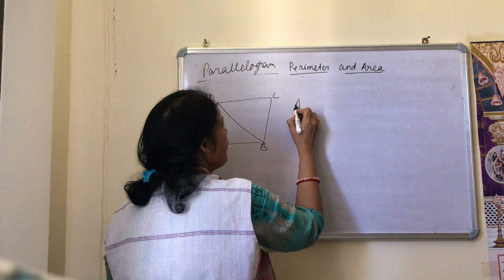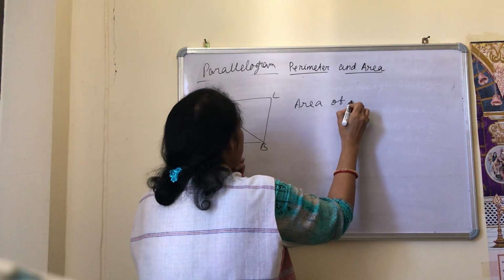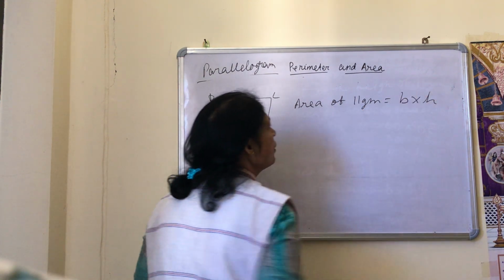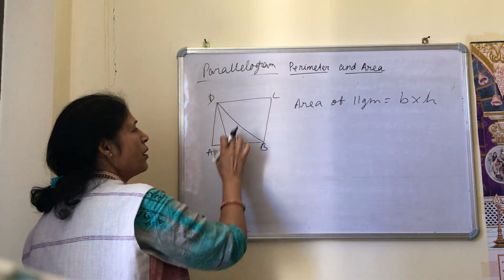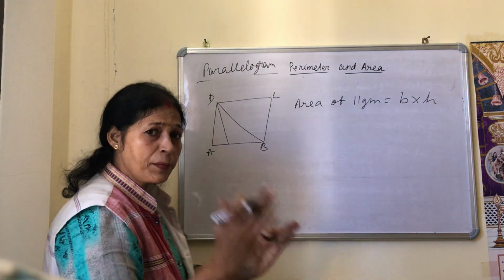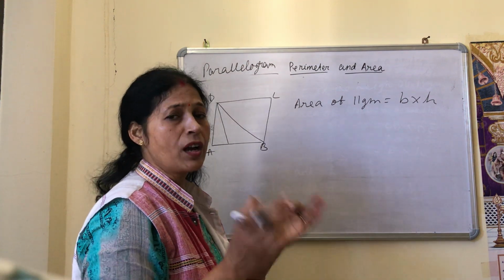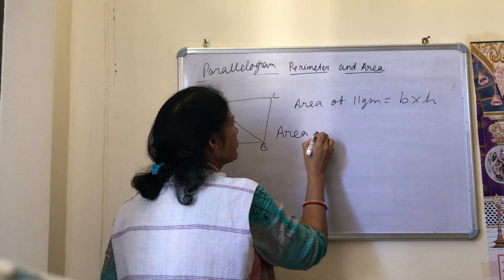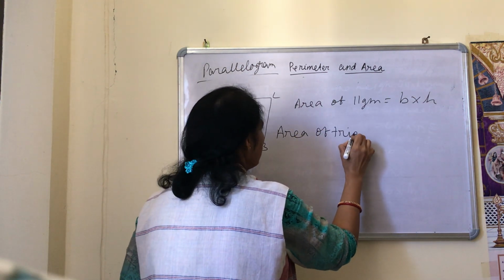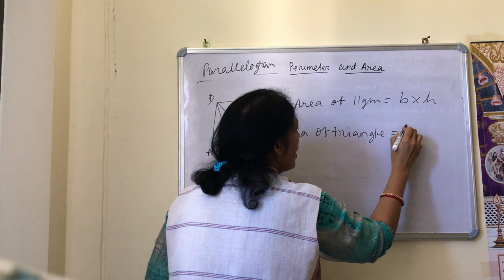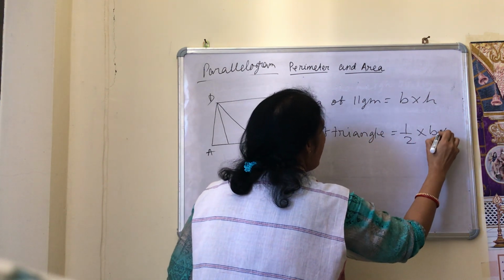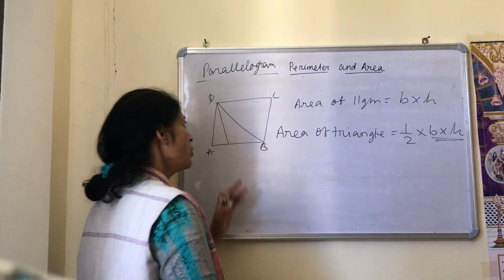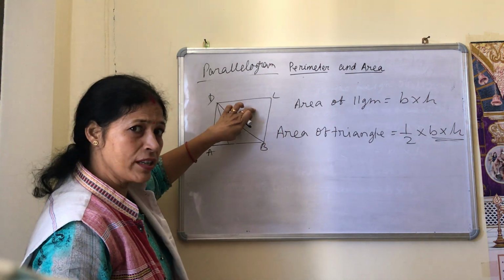Now, what is the area of the parallelogram? Area of parallelogram is base into height. That means half of the area of the parallelogram is the area of the triangle. So area of triangle is half of the area of parallelogram, because the diagonal divides it into congruent triangles.